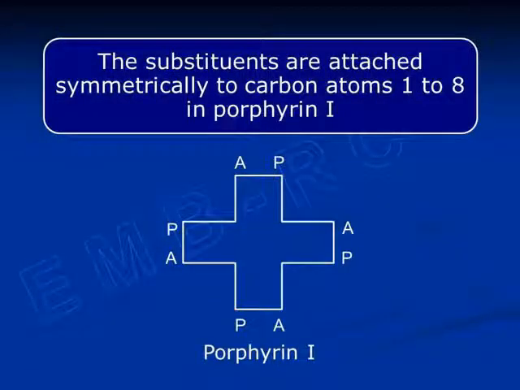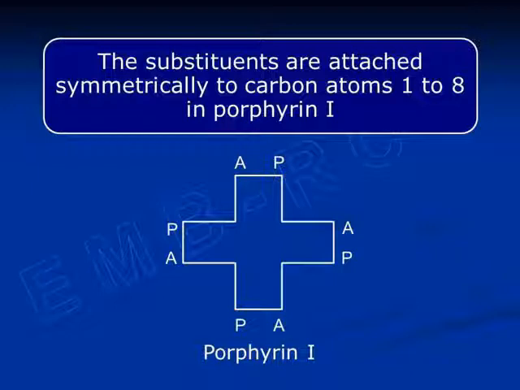See here, the substituents are attached symmetrically: acetate, propionate, acetate, propionate, acetate, propionate, acetate, propionate. If this is the case, then it is defined as porphyrin 1.